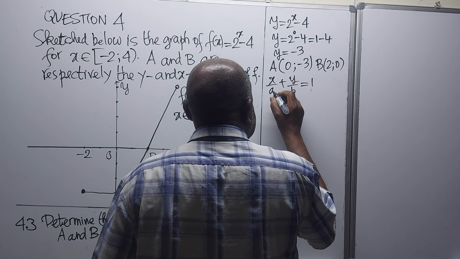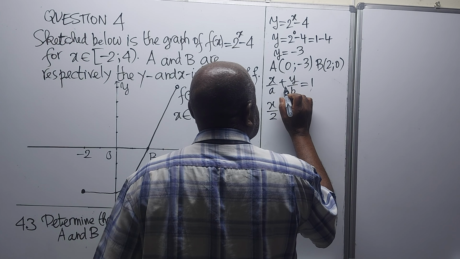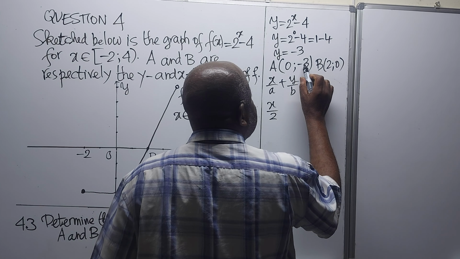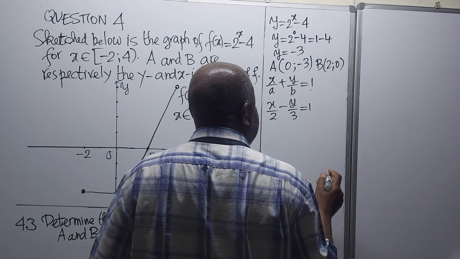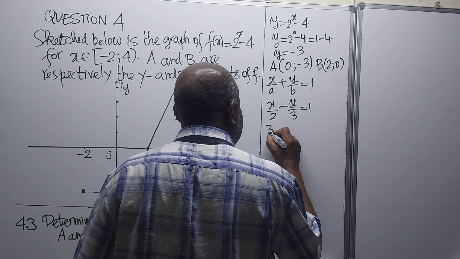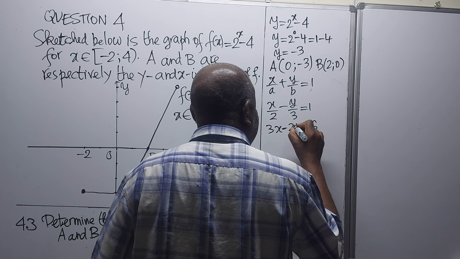So we'll have here x/2 + y/(-3), so x/2 - y/3 = 1. Getting a common denominator, it will be 3x - 2y = 6.